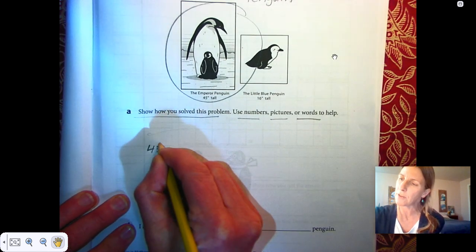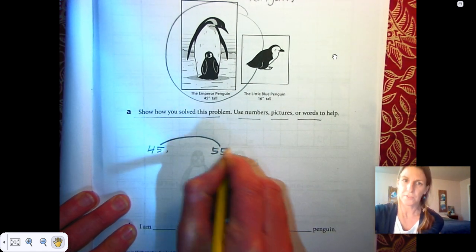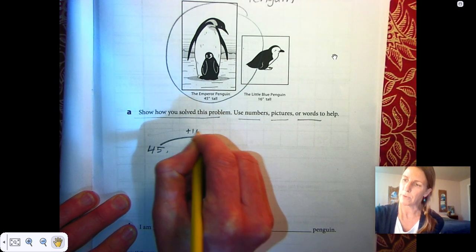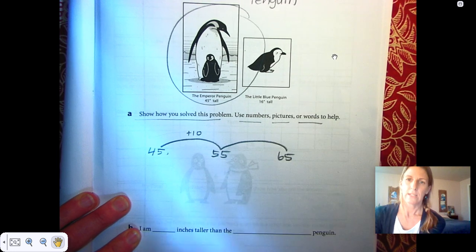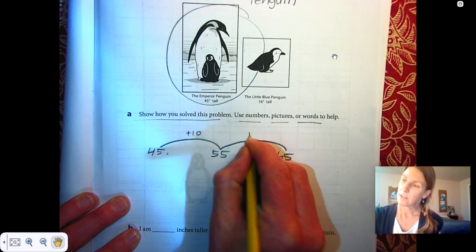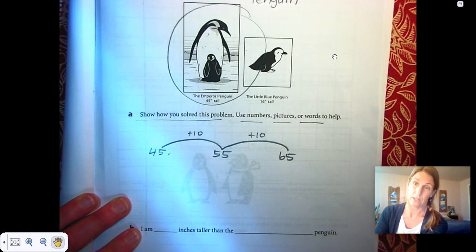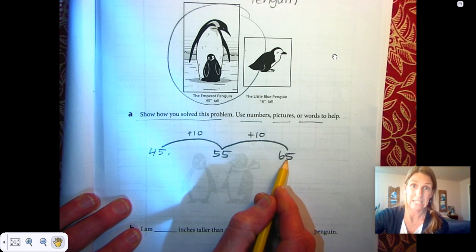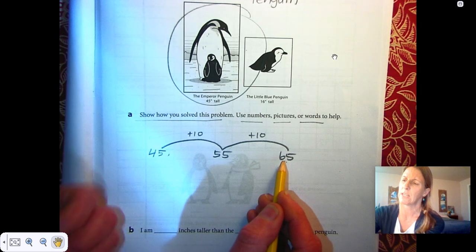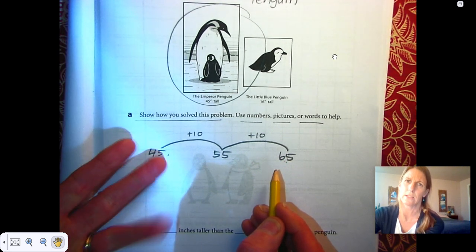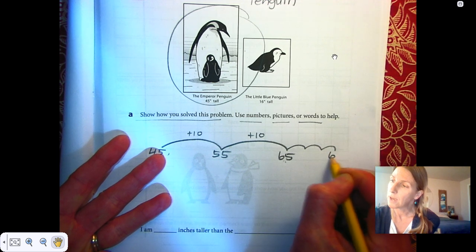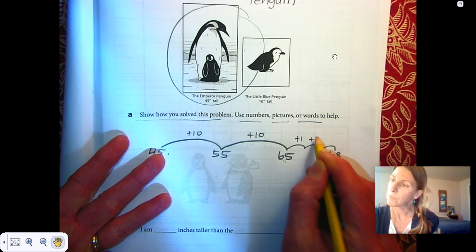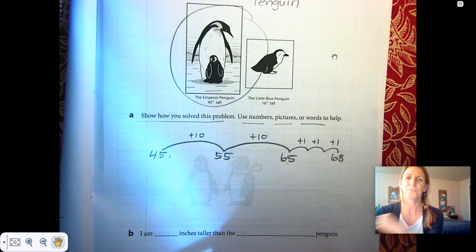So 45 to 55 is one jump of 10, and 55 to 65 is another jump of 10, and I need to get to 68 because that's how many inches tall I am. So 65, 66, 67, 68. That's 3 more little jumps. 1, 2, 3. Plus 1, plus 1, plus 1.